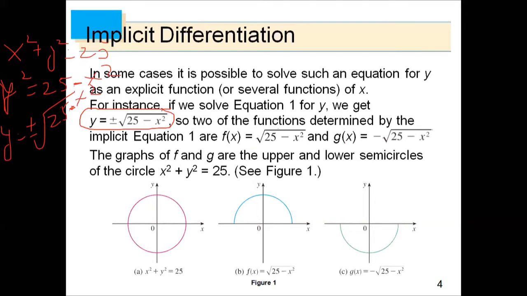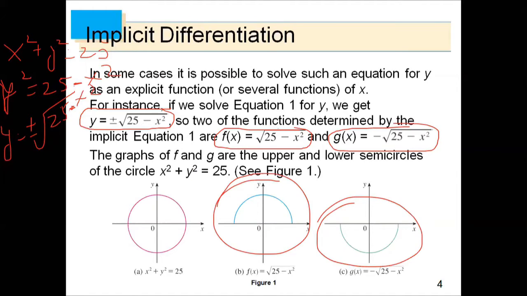So two of the functions determined from the implicit equation 1 are f(x) positive and g(x) negative. Now these are the two functions. Positive means the circle is above the x-axis, negative means the circle is below the x-axis. The graphs of f and g are the upper and lower semicircles of x squared plus y squared equals 25. Plus means the upper part, minus means the lower part.